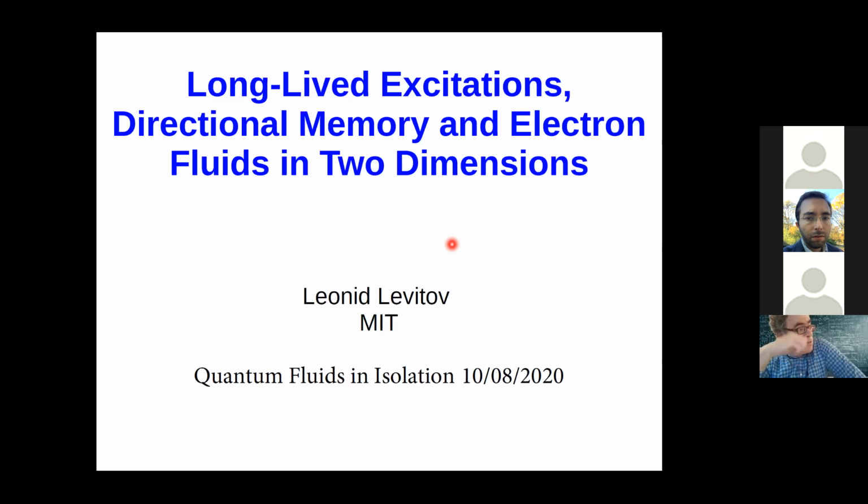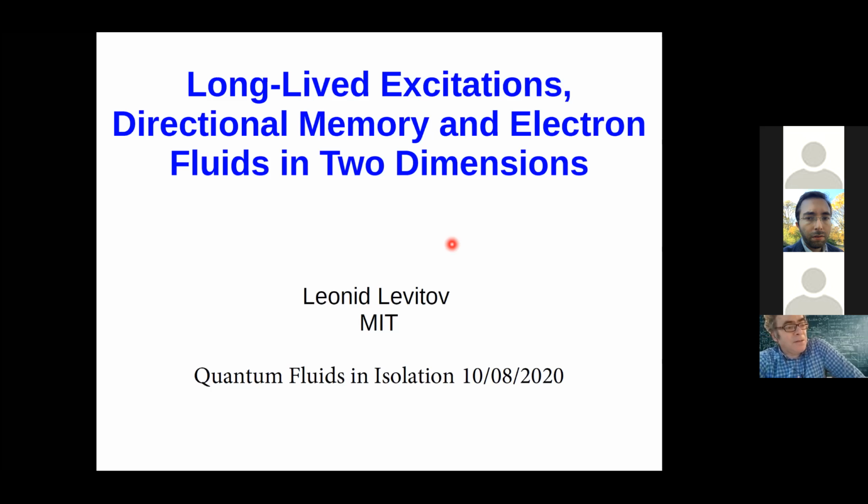Because of that, a strongly interacting system is expected to behave in a hydrodynamical way, so that electrons collide with each other frequently and exchange momenta and energies, and collisions are high frequency. That's the intuition. Based on that intuition, experiments have been done and hydrodynamic behavior has been found.